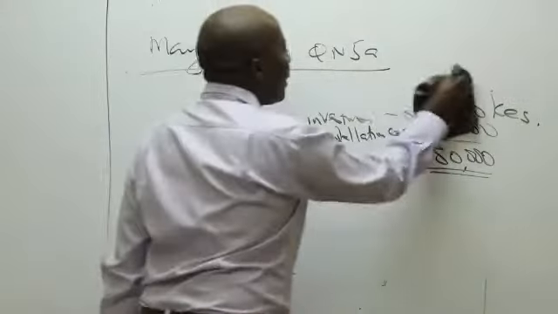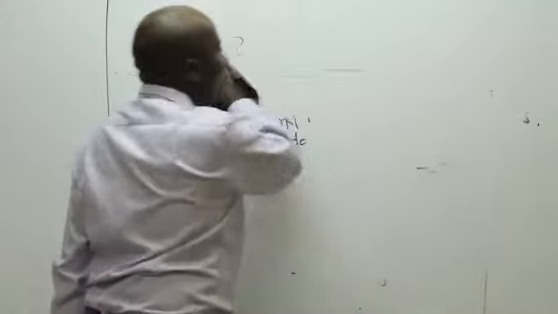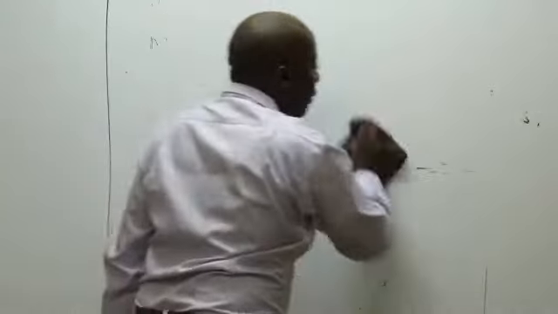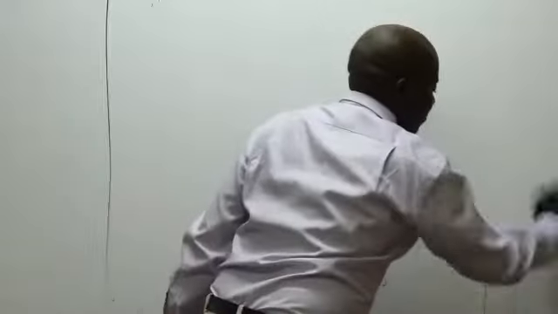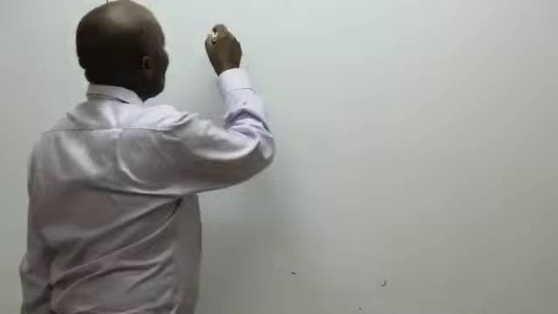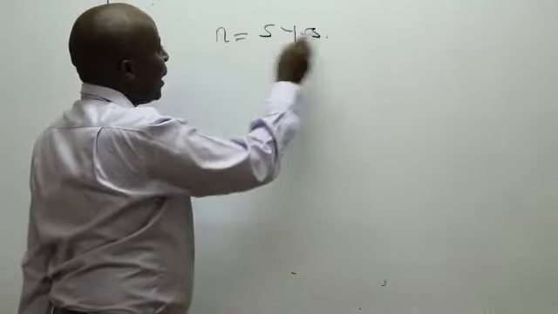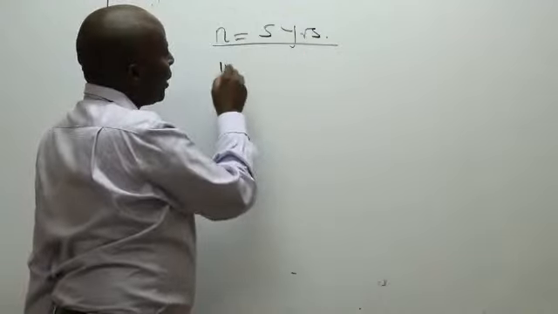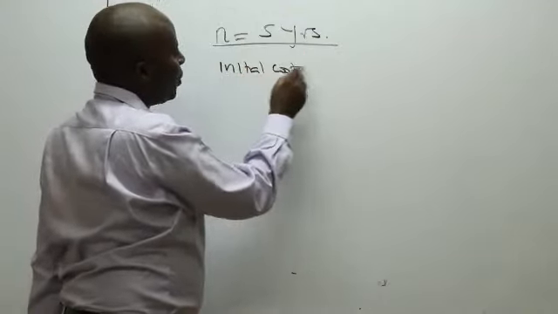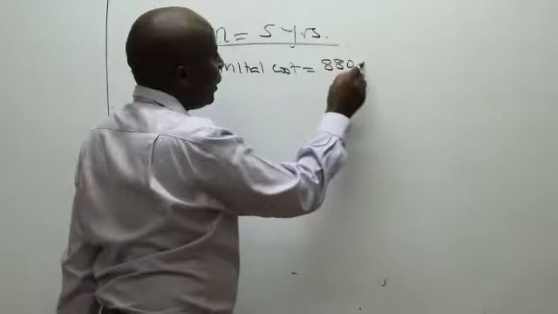But remember, this is a what-if analysis question. There are 3 life possibilities. The first possibility is when n is 5 years. When n is 5 years, the initial cost will still remain at 880,000.